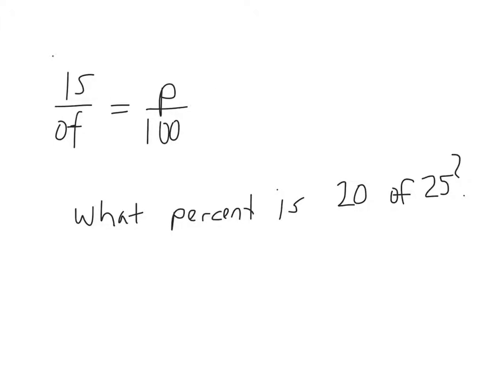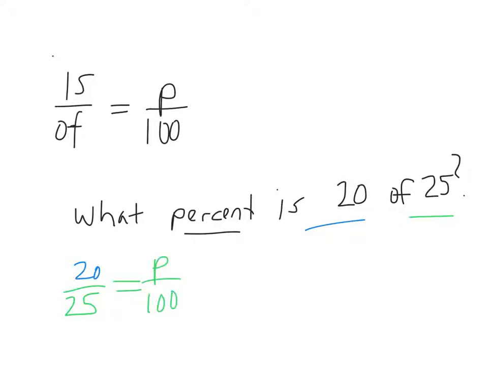So new problem here. What percent is 20 of 25? In this case, I'm looking for the P part, the percent part. I've got my is, so 20 is my is. I've got my of, which is 25. And then that's equal to P over 100.